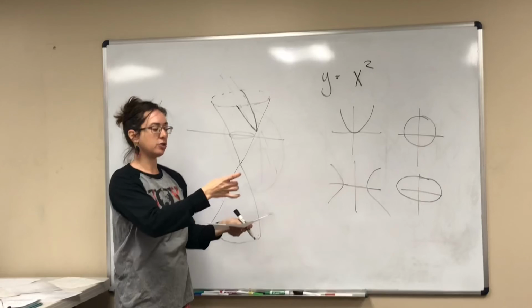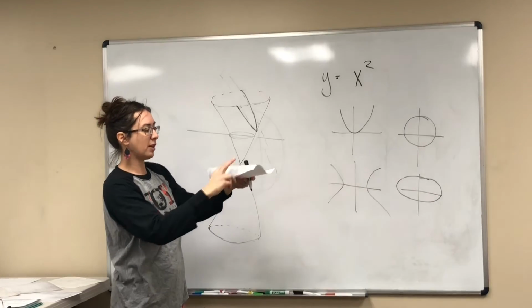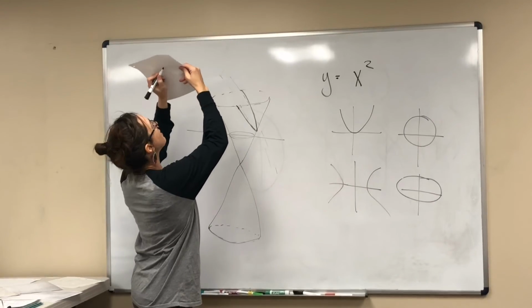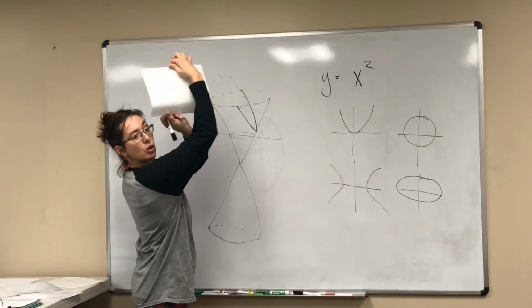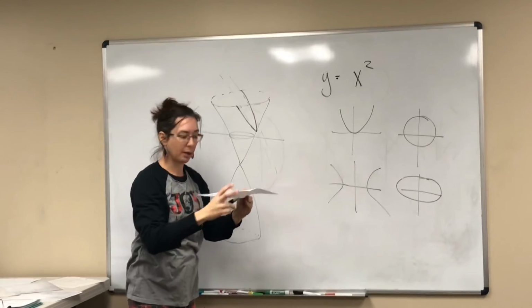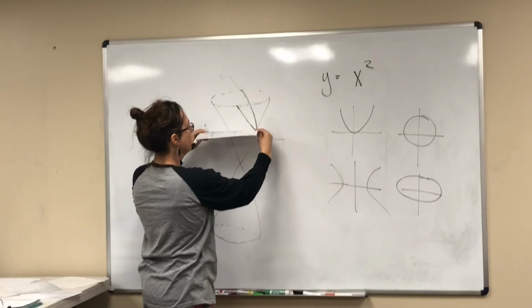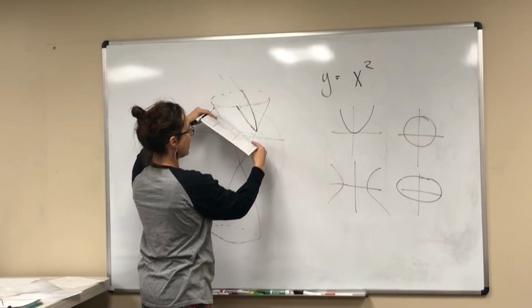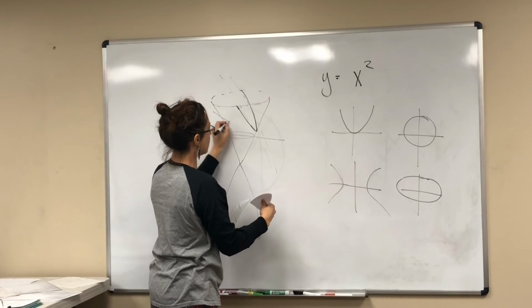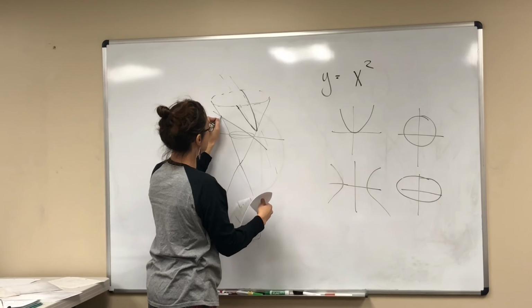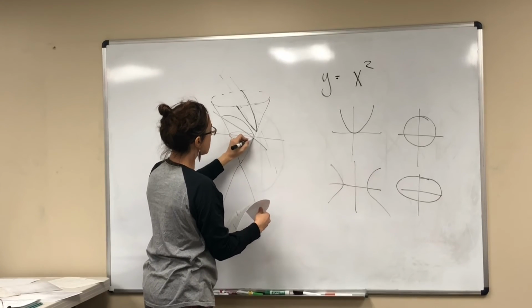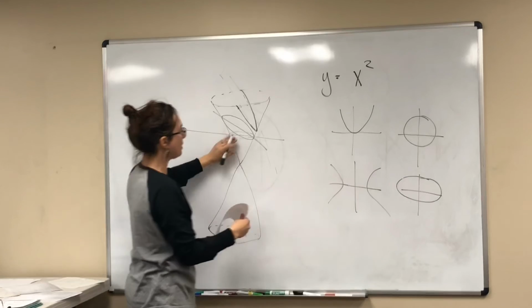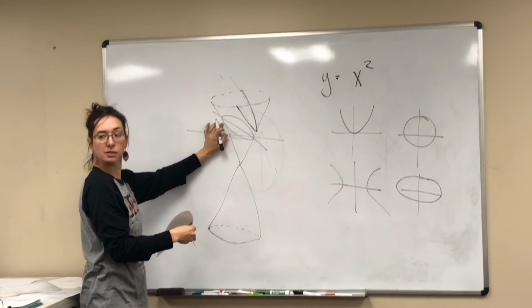So if I have an ice cream cone and I slice right through it and I'm looking at it, I am now looking at the circle, right? Top and bottom. Now, if I turn my slice and I'm slicing my cone at an angle, it has 2 points, but it's going to be squished, so then you get an ellipse.